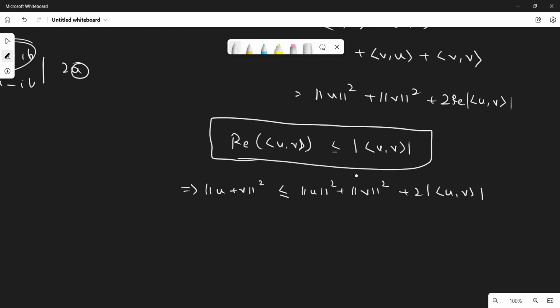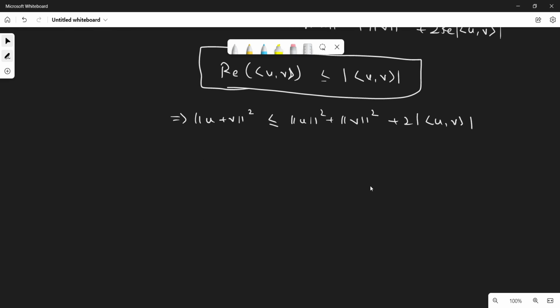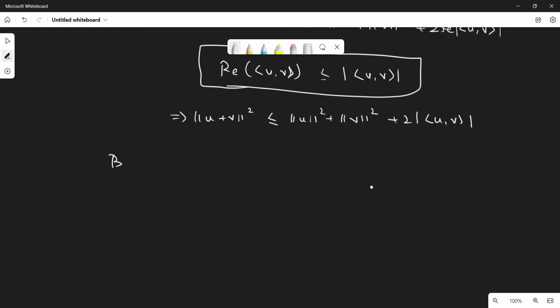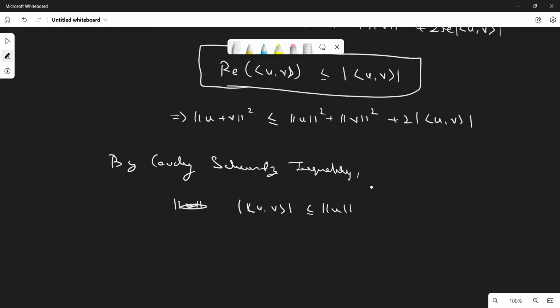Okay. So now by Cauchy-Schwarz inequality we have mod of inner product <u,v> is less than or equal to norm of u times norm of v. So we can put it here.